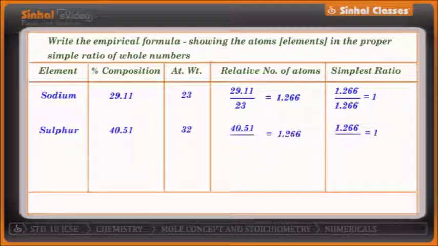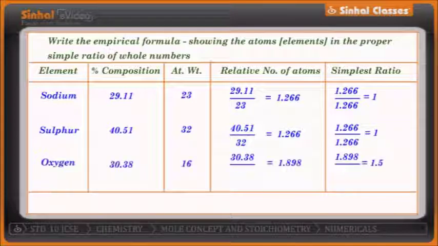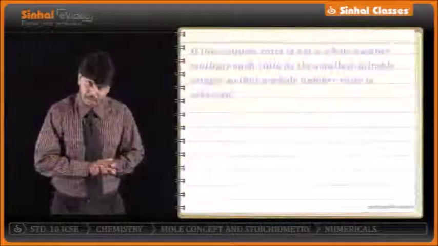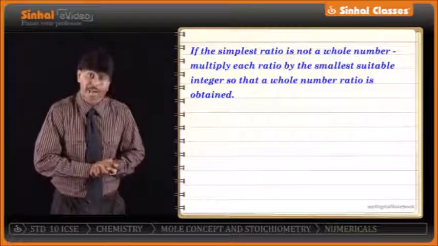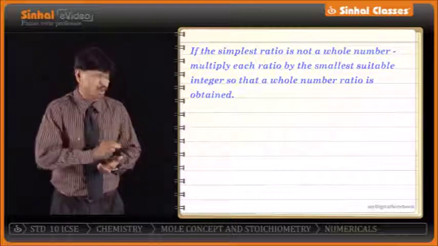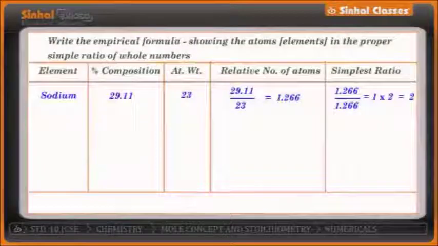Sulfur 1.266 again divided by 1.266. Again it comes out to be 1. Oxygen 1.898 divided by 1.266. Answer comes out to be 1.5. Now whenever the answer is 1.5, multiply all these simplest ratios by 2. So sodium will become 1 into 2, that comes out to be 2.